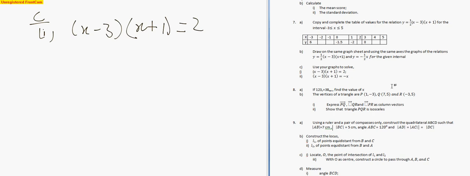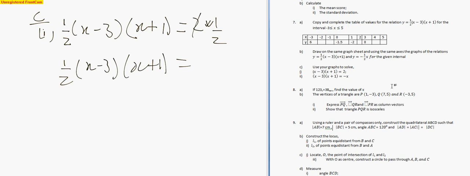So you always want to generate your equation to resemble exactly what you have in your graph. So if I multiply this by half and this one by half, I'll get half x minus 3 x plus 1 is equal to 1. And you notice that this is equal to y, so therefore I can say y is equal to 1. That is what they want me to solve. Y is equal to 1 means find the x such that y is equal to 1.